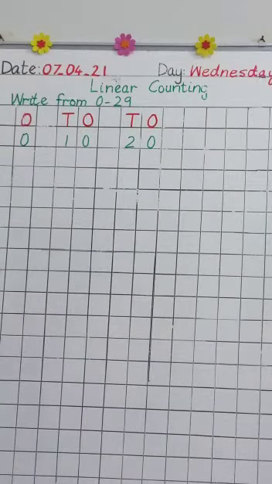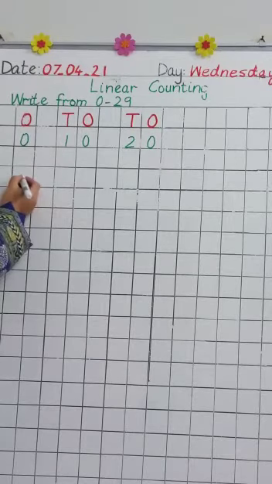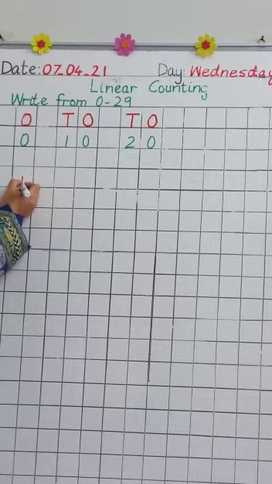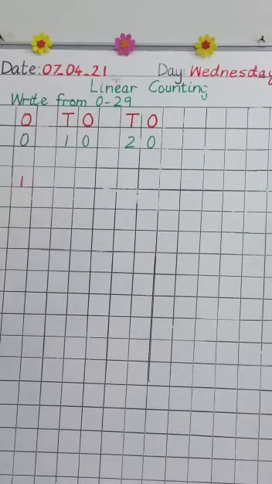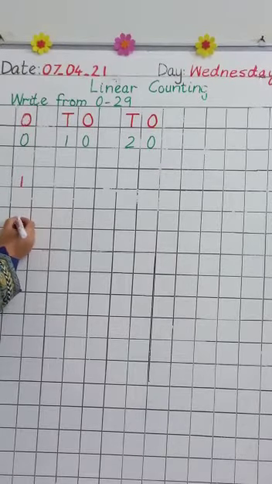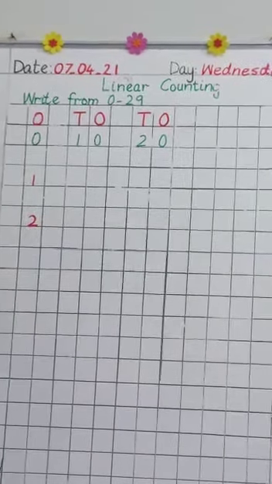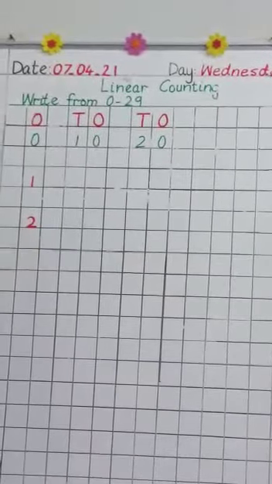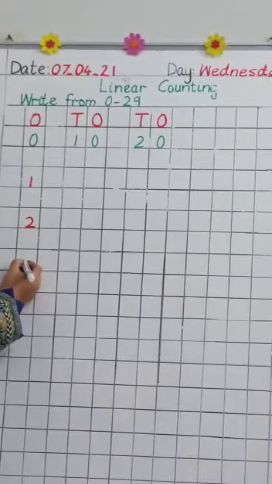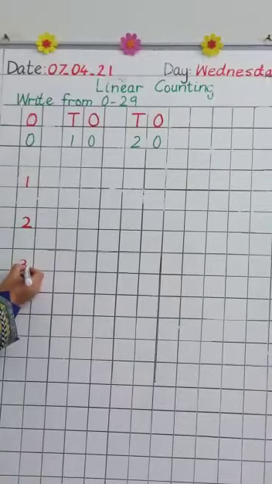Okay, so which number comes after 0? 1. Absolutely right. Okay, now what comes after 1? 2. So remember to leave this block empty and come down over here and write down 2. Okay, and what comes after 2? 3. So again we are going to leave this block empty and write down 3 over here.